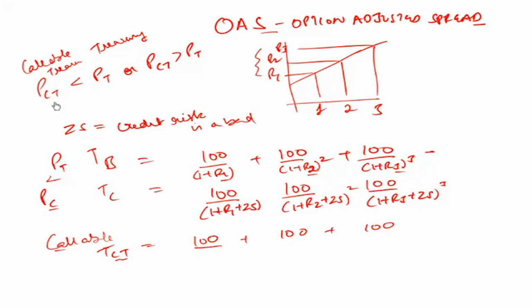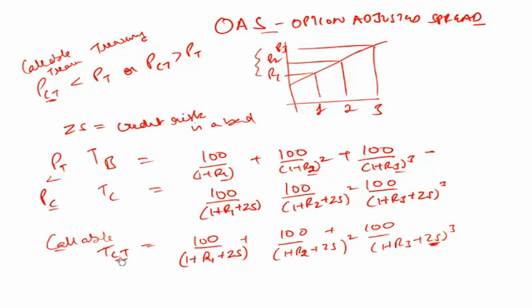Hence, to compute the price of the callable treasury bond, again, I will have to discount it by a slightly higher rate, or there will be some zero volatility spread. But now, is this spread a measure of credit risk?